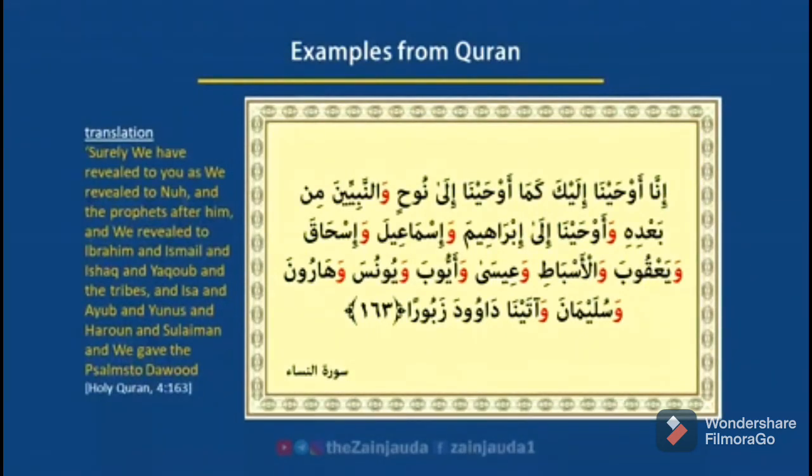In this verse I have highlighted the wa article with red, so please notice the words as I read them in the verse. إنا أوحينا إليك كما أوحينا إلى نوح والنبيين.